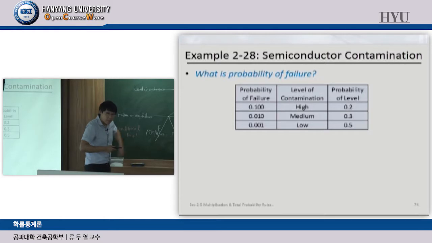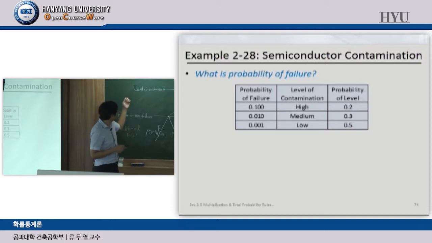So in this case, what is the probability to obtain the failure when the high level of contamination is obtained? So we obtain the failure, okay, when the high level of contamination is obtained.